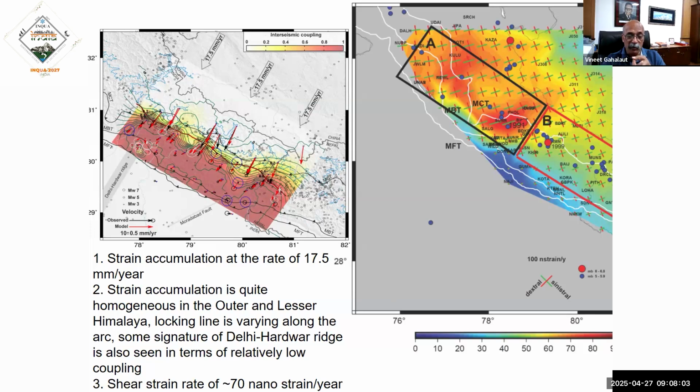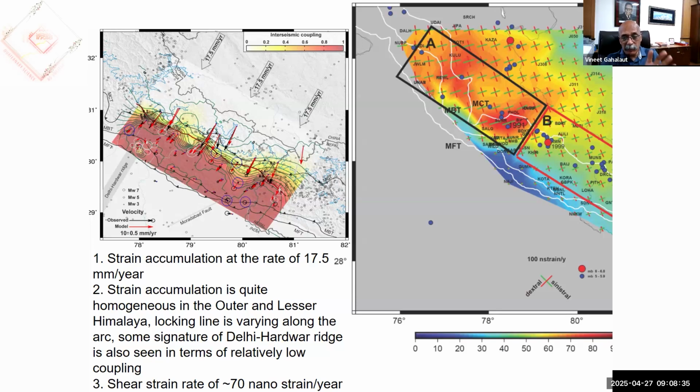They tell us how the process of deformation takes place, where the deformation takes place, how the process of strain accumulation and strain release takes place on the main Himalayan thrust, and what the typical strain rate is here. The strain accumulation is at the rate of about 17 millimeters per year, and shear strain is of the order of 70 nanostrain per year in this region.